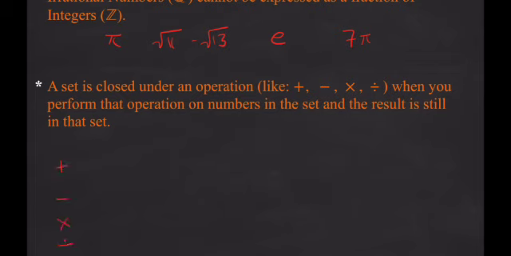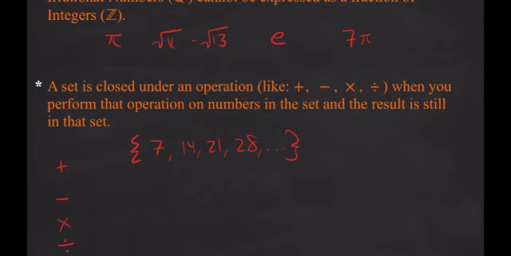And let's say that we have this as our set. Let's say we have 7, 14, 21, 28, and this goes on forever. Okay? Let's say we have this. Let's make sure that this is closed under these operations.